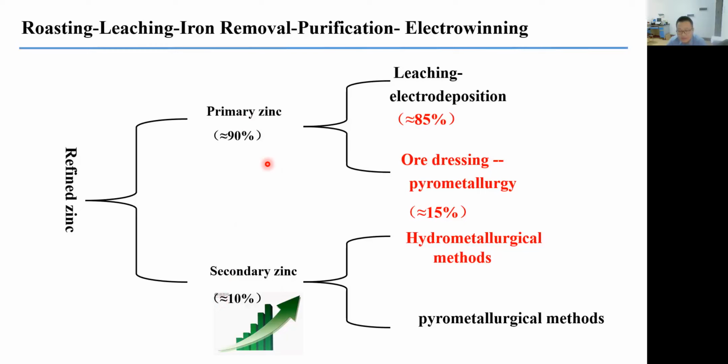And nowadays, we have the preliminary numbers, like 90% of zinc are produced from primary resources, from zinc concentrate. And the secondary zinc, as I have mentioned, zinc has a close relationship with iron and steel. So when those iron and steel are recycled, the zinc will report to the flue dust phase.